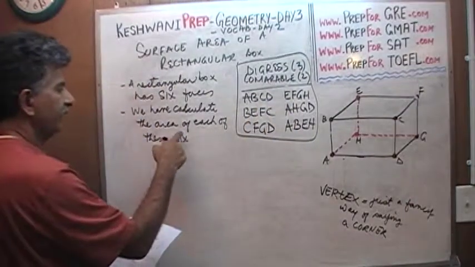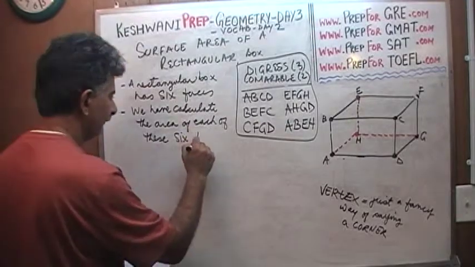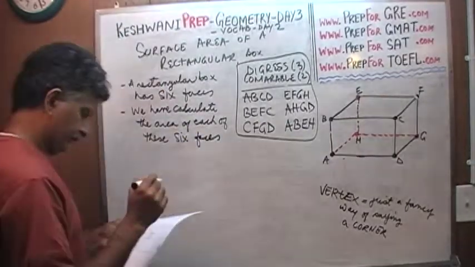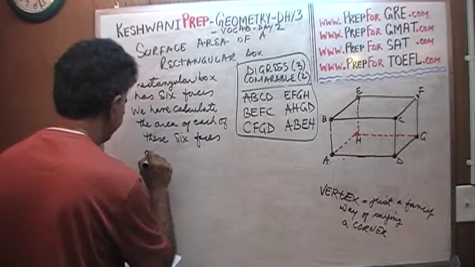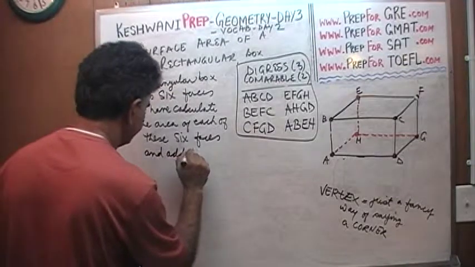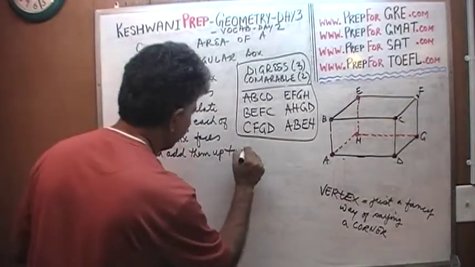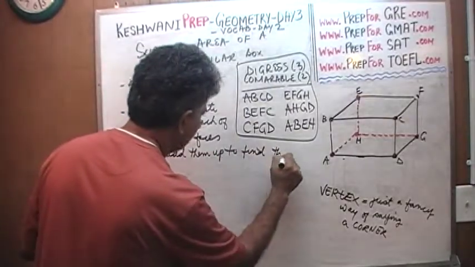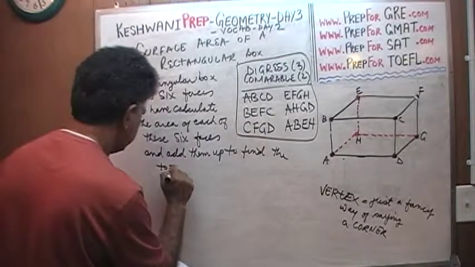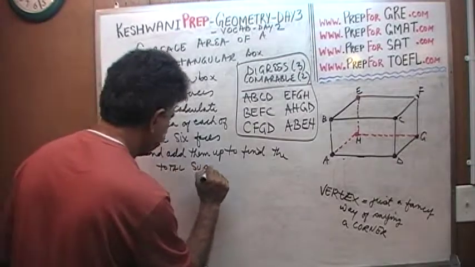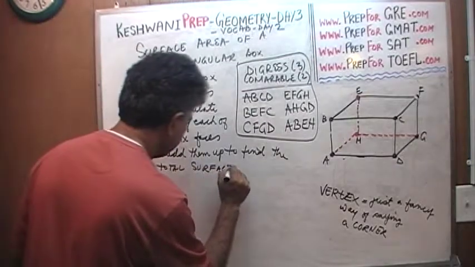So we have to calculate the area of each of these 6 faces and add them up to find the total surface area.